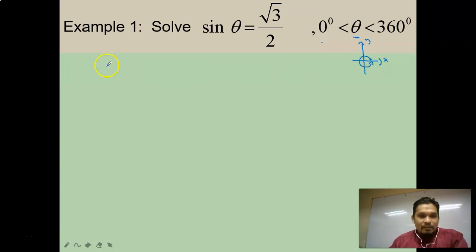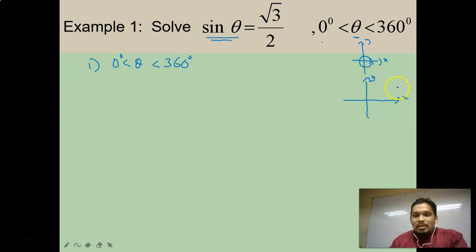So first here theta lies in between 0 to 360 degree. And then for sine theta, please recall the previous lecture notes that we had in chapter 1, in part 1 or part 2, if I'm not mistaken.